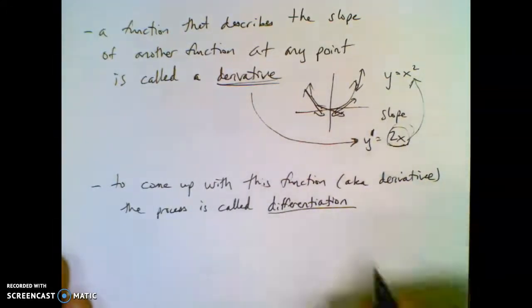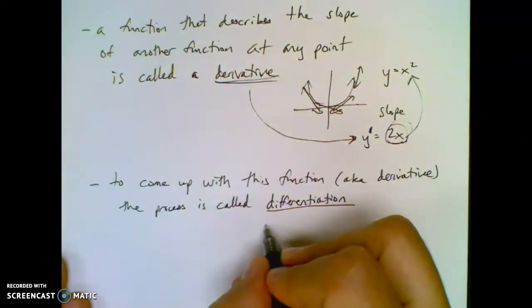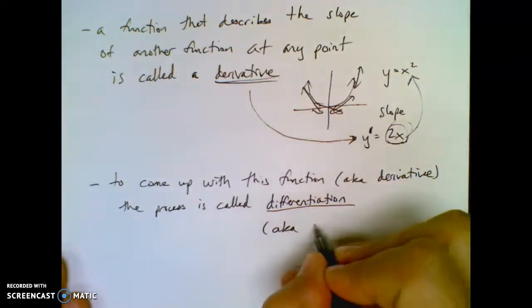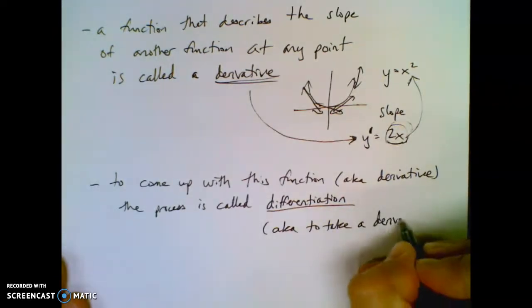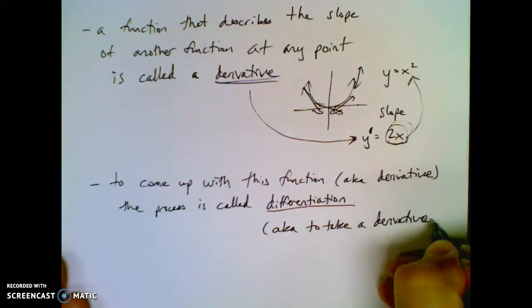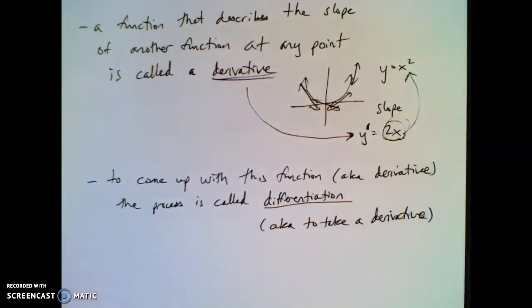Kind of a different term for that in education. AKA to take a derivative. So you will find sometimes my directions will say find the derivative. Other times my directions will say differentiate or use differentiation.